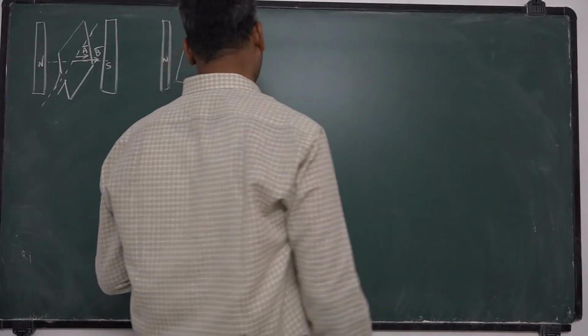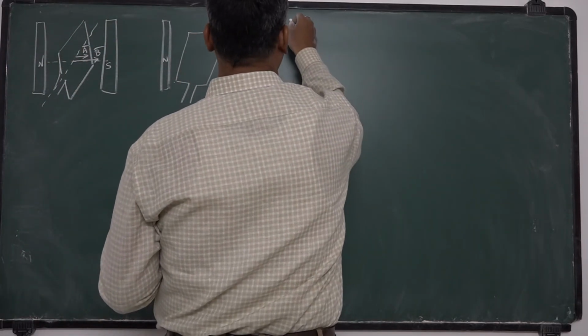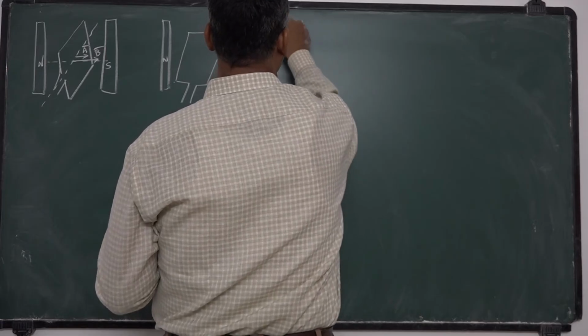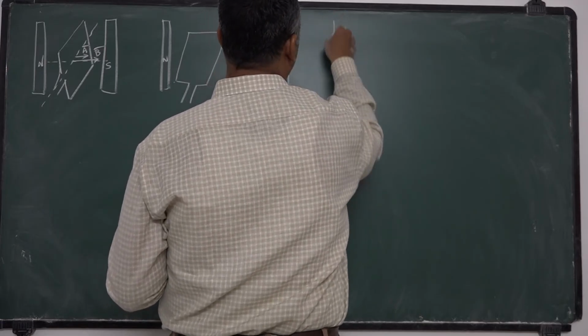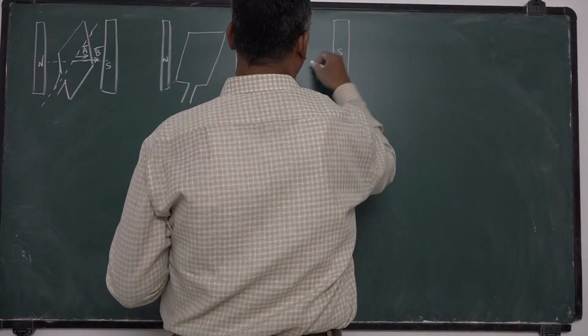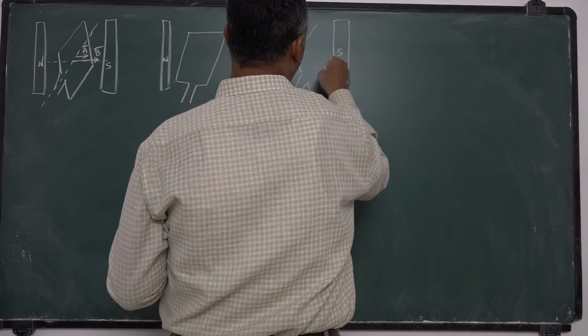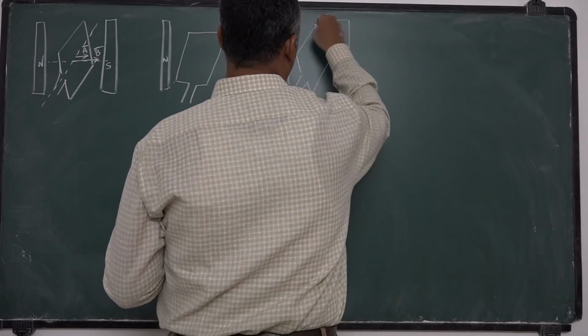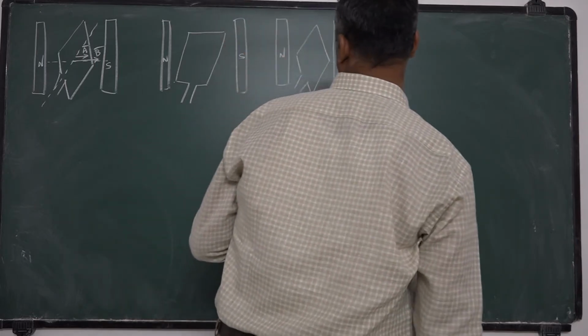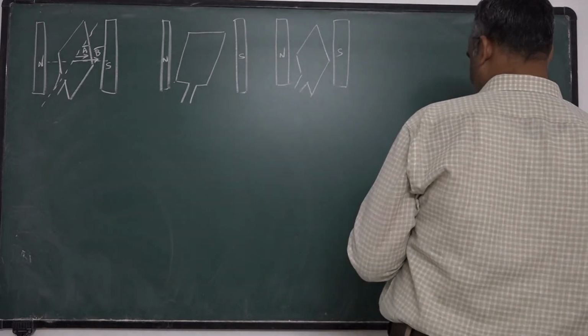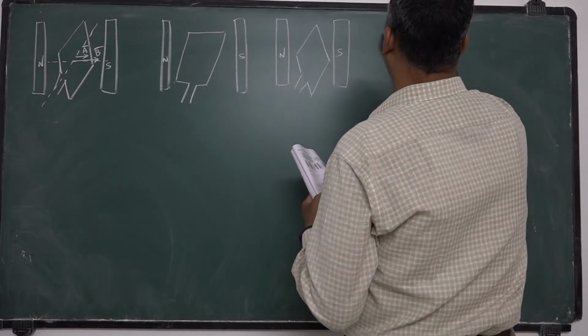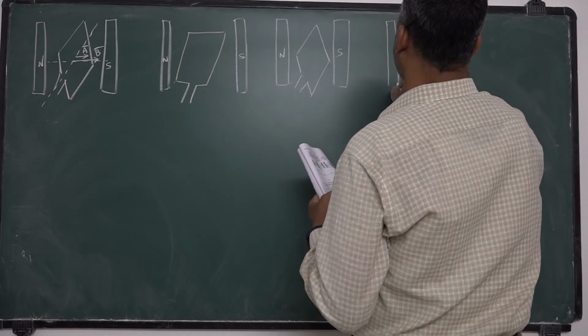The third case, again like first figure. This is north, this is south. Coil turn through 180 degrees. Next case, again it is like second case.